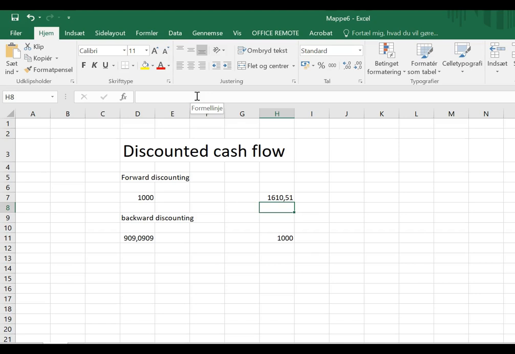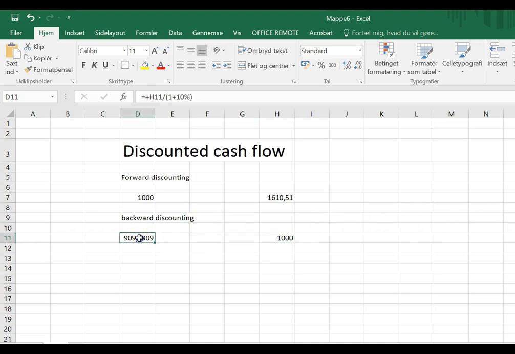So forward discounting by 10% value change for each period of a year in 5 years, then the value of 1,000 will equal 1,610 in 5 years. The same thing I can do backwards and I can say now, if I want 1,000 in the bank in 5 years from now, what do I have to deposit today?